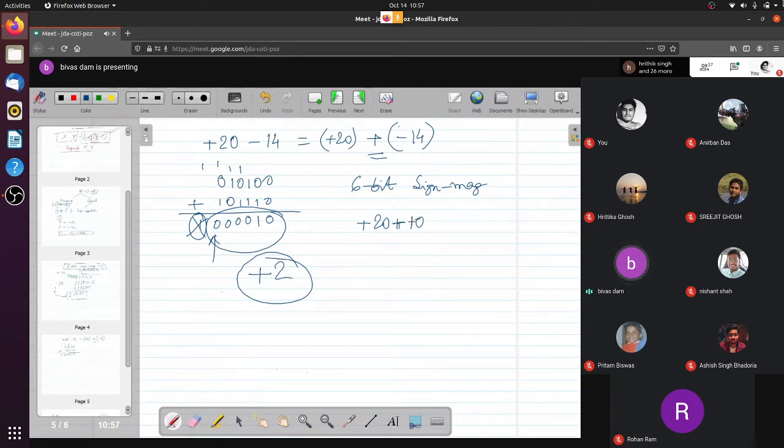I am going for 0, 1, 0, 1, 0, 0 and 0, 1, 0, 1, 0. This is the addition operation, isn't it? Okay, let me make it a bit complicated: 20 plus 12.